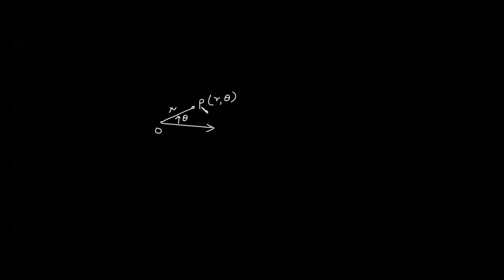How will we reach this point? This is the initial ray. We are at present at this point. We move an angle, let's suppose pi by 2, 90 degrees, and then we take two steps, one step and two step. Then the coordinate of this point is 2 comma pi by 2.